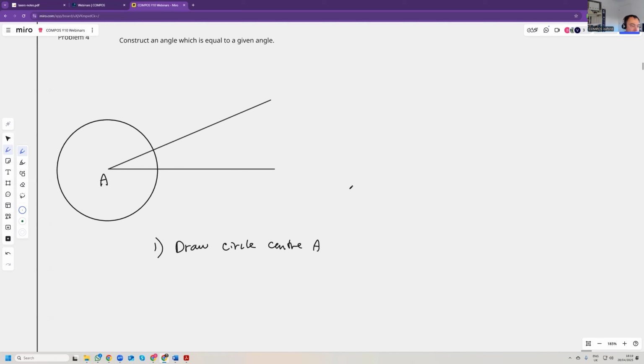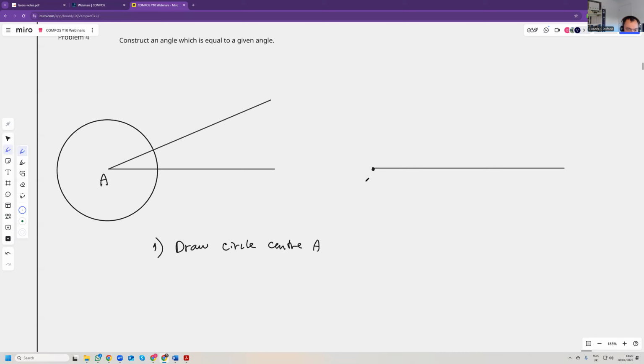And then so this side is going to be the copy. This is going to be a copy of our angle.